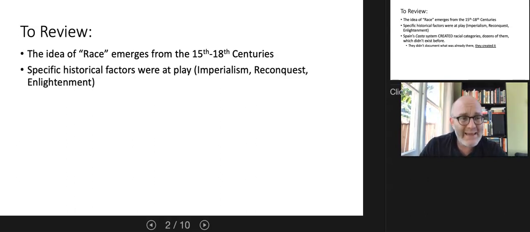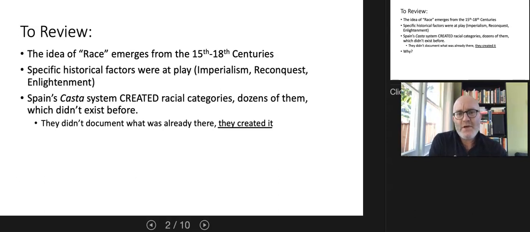Imperialism, imperial contact, Europeans coming into contact with people very different from them for the first time, the Reconquest, attitudes and anxieties over religious, quote unquote, purity, specifically around Jews and Muslims, which are then translated to the New World. And then the Enlightenment, the main Enlightenment idea about categorization and the quote unquote logical study of things. So all those factors play a role here.